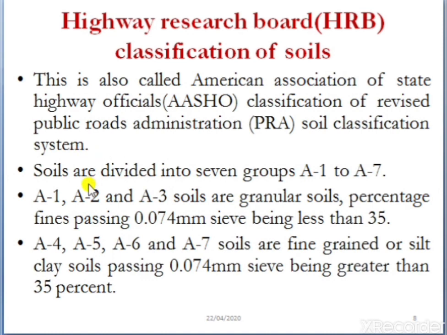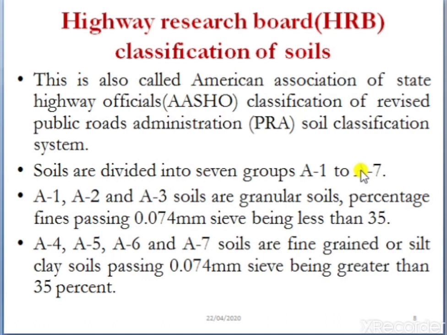And here A1, A2 and A3 soils are granular soils, and the percentage of fines passing through the 74 micron sieve is less than 35%. So here A1 soils are a well graded mixture of stone fragments, gravel, coarse sand and fine sand and non-plastic or slightly plastic soil binders.